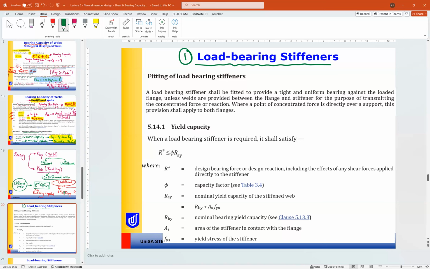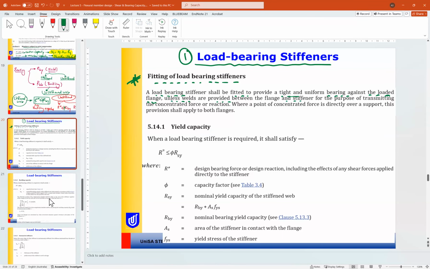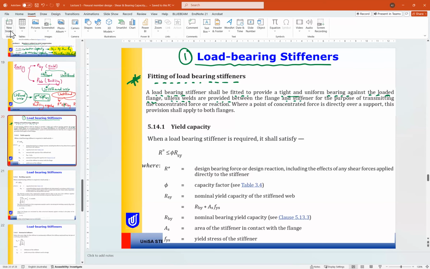The first information we should know is how to fit the load bearing stiffeners. The load bearing stiffeners should be added to the beam at the loading or the reaction points.